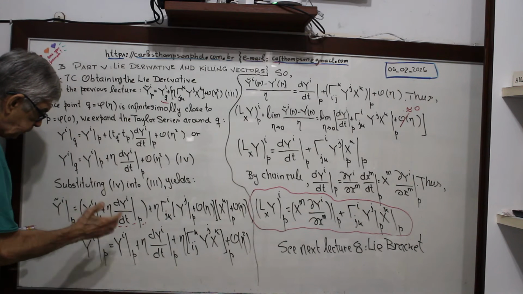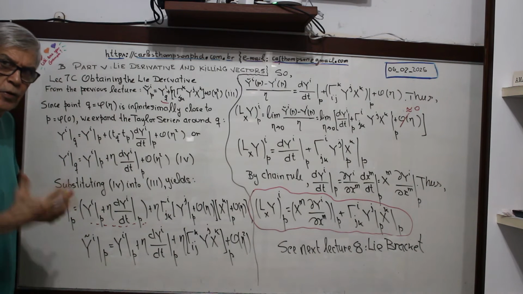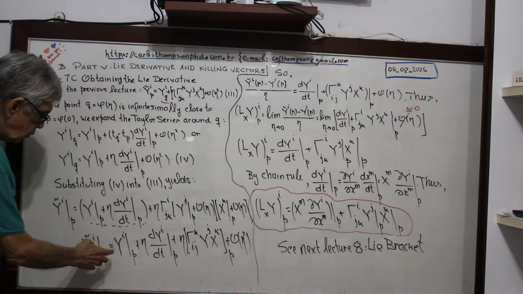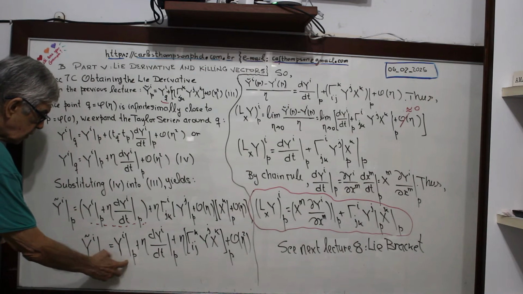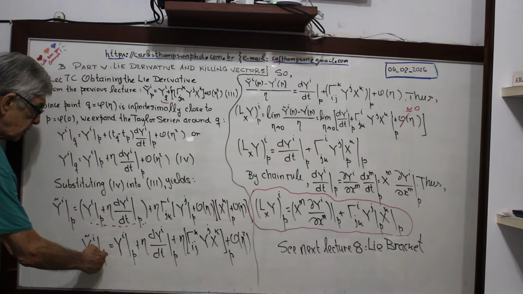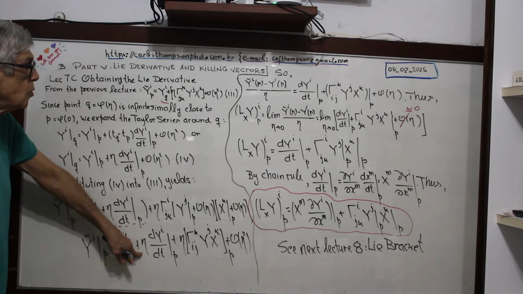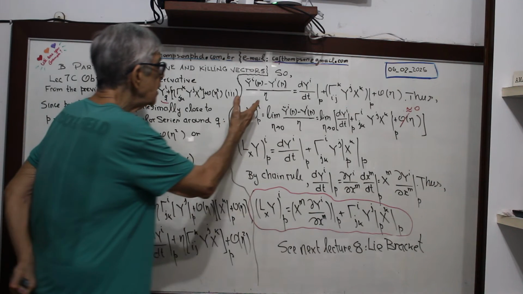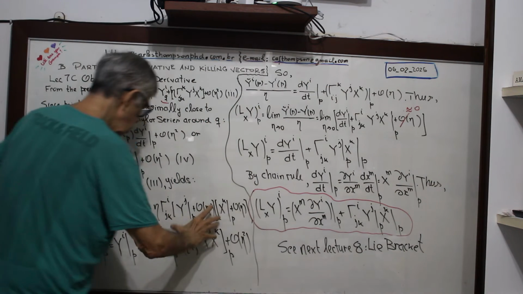Now, to apply the definition of the Lie derivative, you just send this term over here to the left hand side and take the limit as eta goes to 0. As we did over here, you divide by eta on both sides.